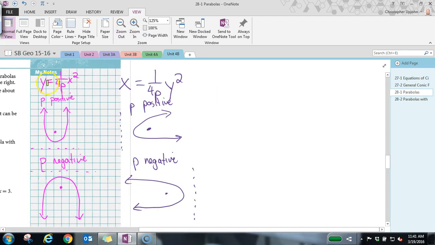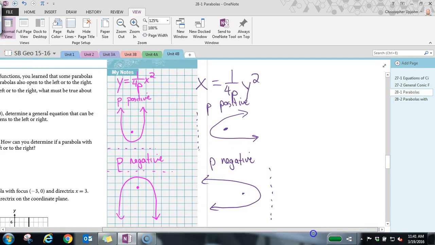So this is our equation if it's opening up and down. This is our equation if it's opening left or right. And of course, if p is positive, we're opening to the right or up. If p is negative, we open down or to the left, just like on a number line. Not a whole lot different.